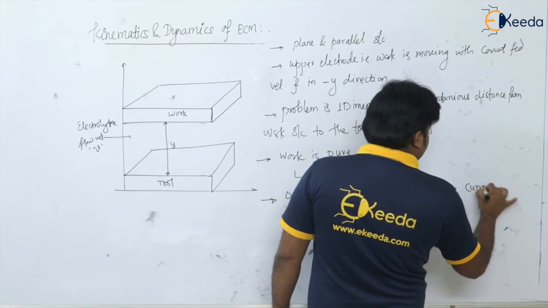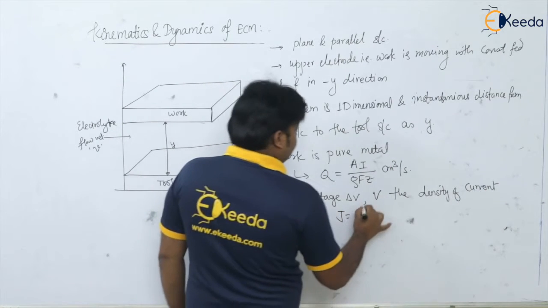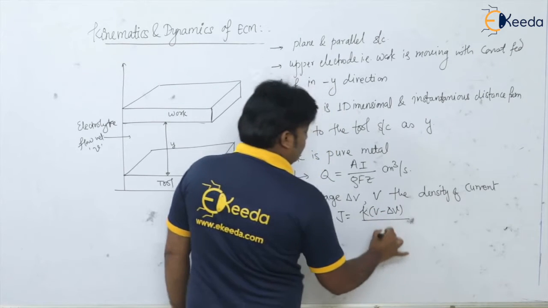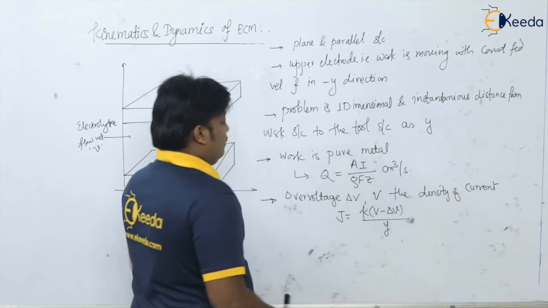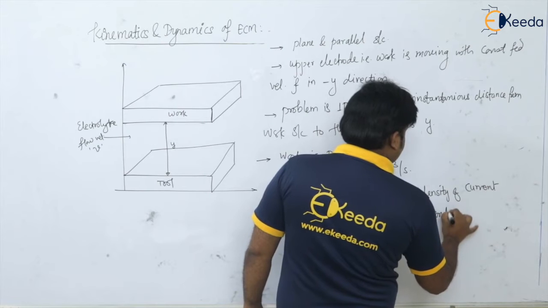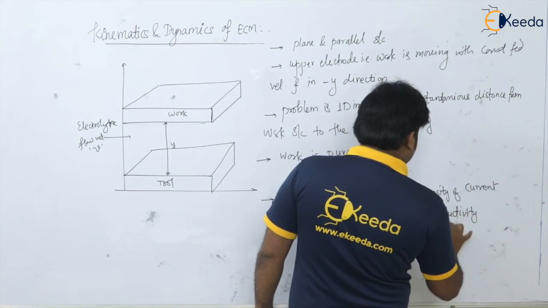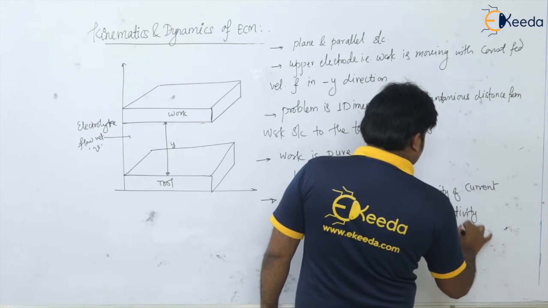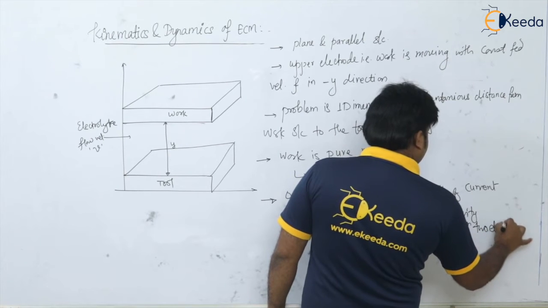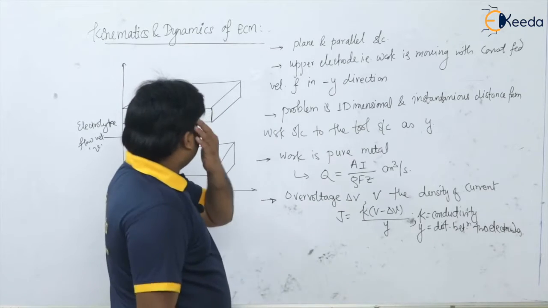That is J equals K into (V minus delta V) over Y, where K is the conductivity of the electrolyte and Y is the distance between these two electrodes. Isn't it? So we know this much.